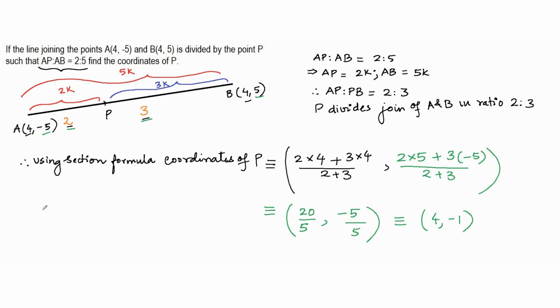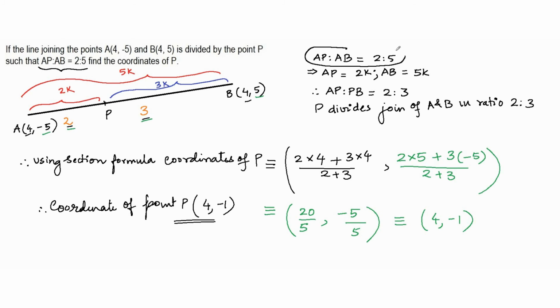Therefore, the coordinate of point P is going to be (4, -1). This is how I solve this particular question. So pausing for a minute, take a look at how it was done, and then we shall discuss the next question. The key over here is to notice that from AP is to AB, I was able to find AP is to PB.